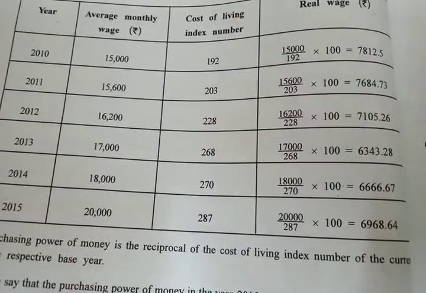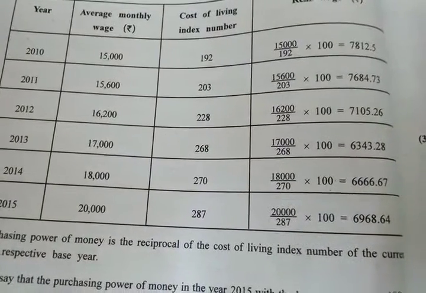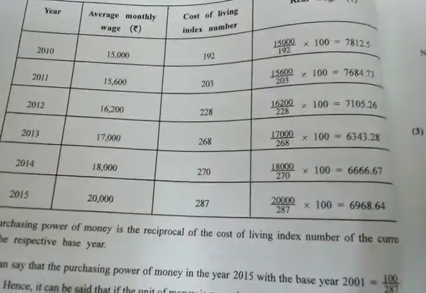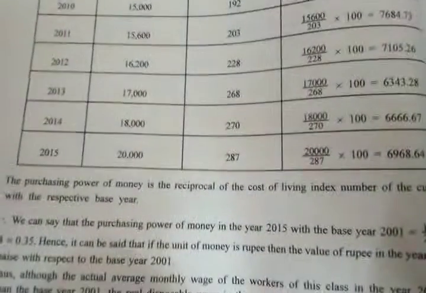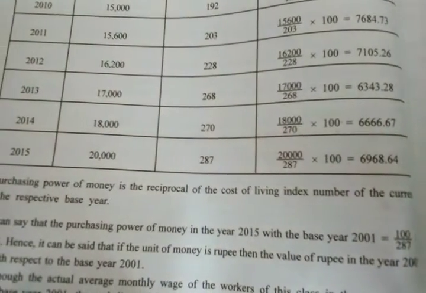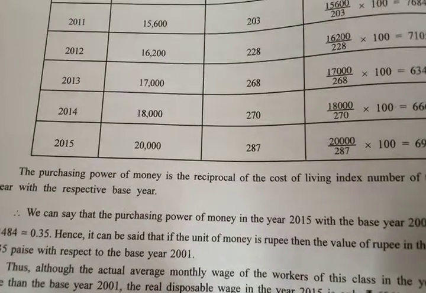So compared to the base year, in the year 2010, the purchasing power has gone down. That is why it is having a lower value as a real wage. The purchasing power of money is the reciprocal of the cost of living index number of the current year with the respective base year.